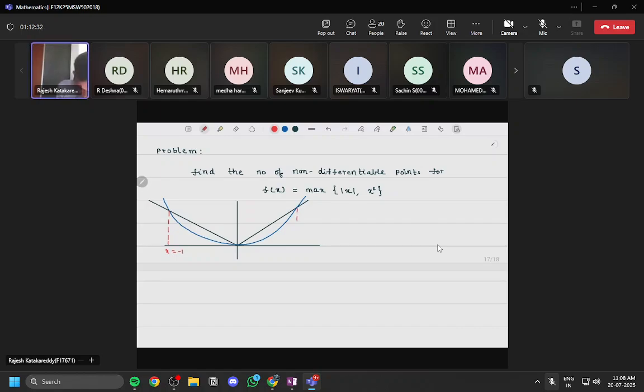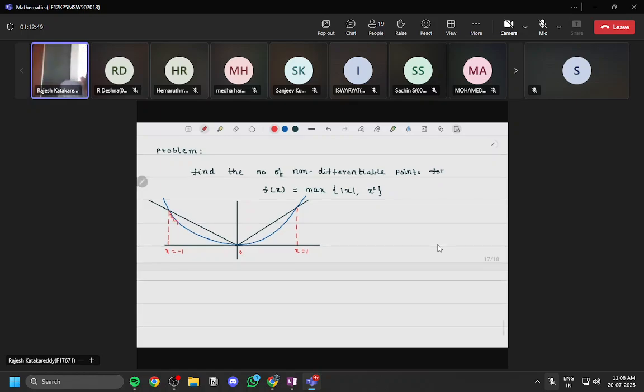This is x is equals to 1 point. This is 0 over here. If I see in between minus 1 to plus 1, mod x is clearly lying above the x square. And if it is lying above, that must be our function.